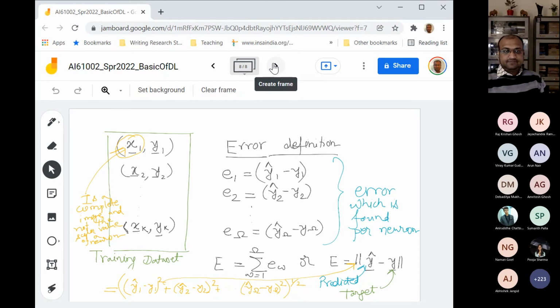Sir, shouldn't we take mod in the error definition? If you want to take an L1 norm, just an absolute error, then you can take a mod. See, there can be different ways of defining error. There can be sum of absolute error. There can be sum of errors.